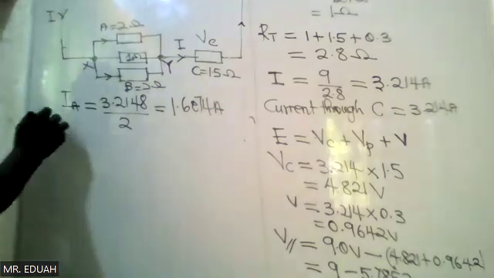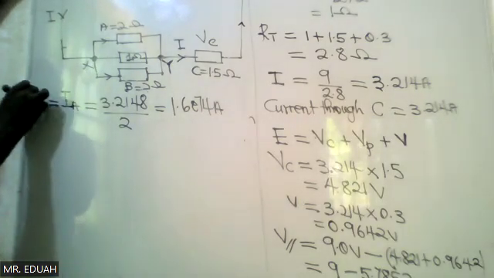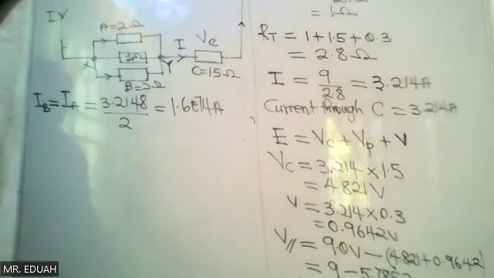That would be the current through A, which is also equal to the current flowing through B.